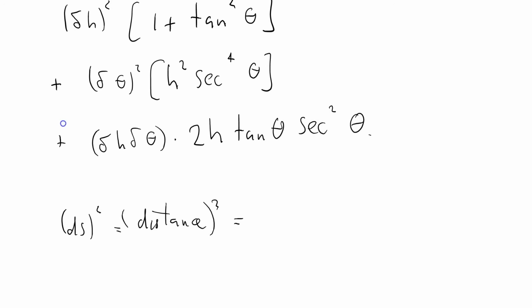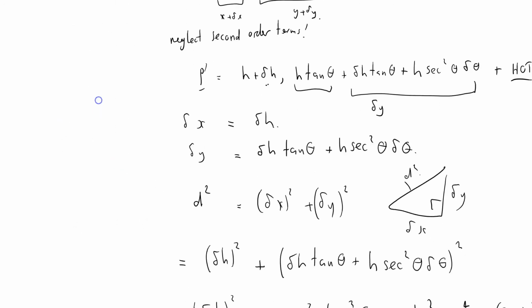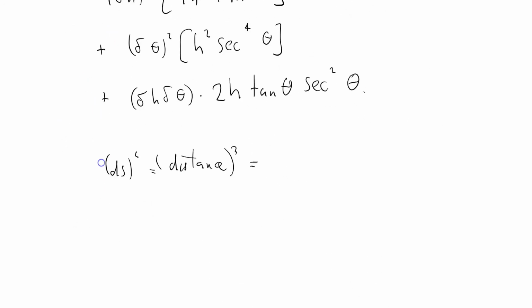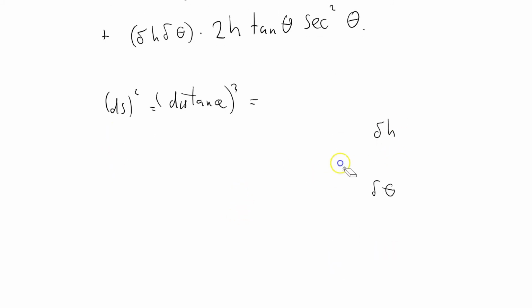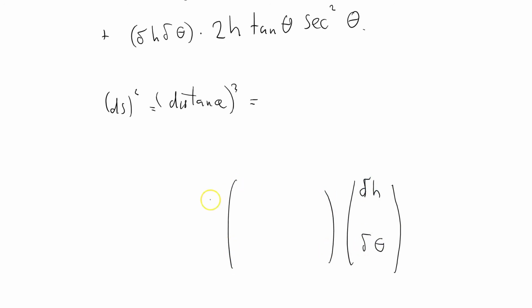So what I'm going to do is to rewrite it in a slightly cheeky notation. I'm going to write it in the form of a quadratic form. Delta h, delta theta, a matrix and a row vector here.